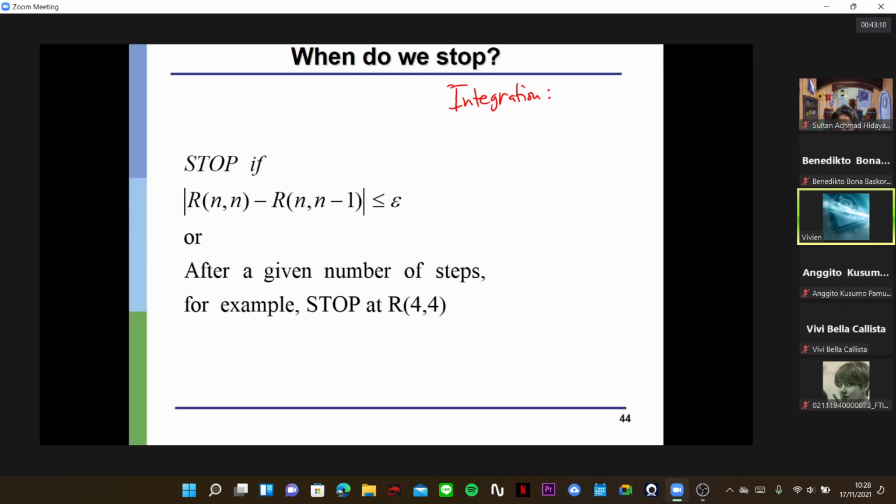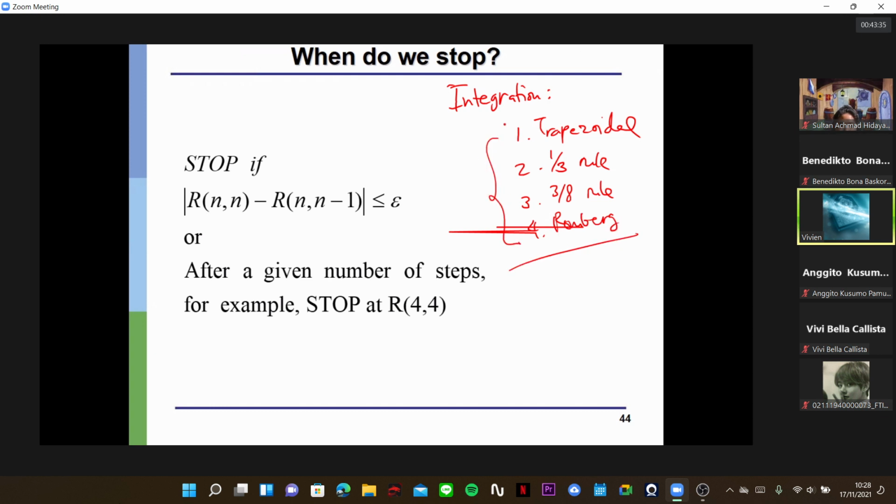We have trapezoidal, then we have Simpson 1/3 rule, and 3/8 rule, and last is the Romberg method. So these 4 are the main topics that are discussed in detail, while Gauss quadrature will not be discussed in detail. So I suppose that will not be included in the exam as well.